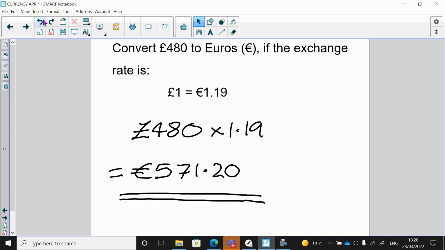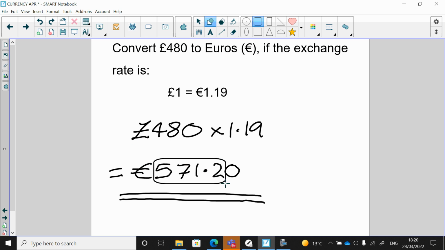Your calculator will probably say 571.2. But because we're talking about money, and we've got anything other than complete amounts of euros, usually you would go to 2 decimal places there. So it'd be a good idea to put a 0 on the end.